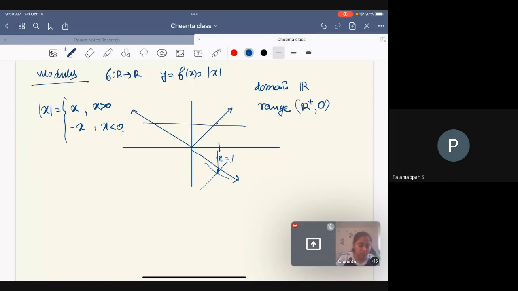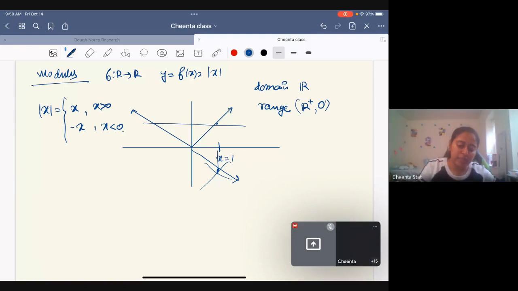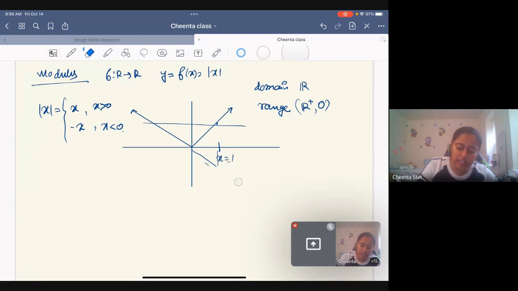That means for one value of y, two values of x can map to one single point of y. But for this example, this is not okay. Don't get confused, try to remember it in your own way, graphically or something like that.